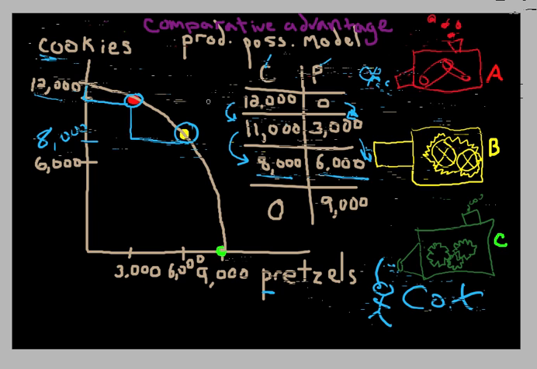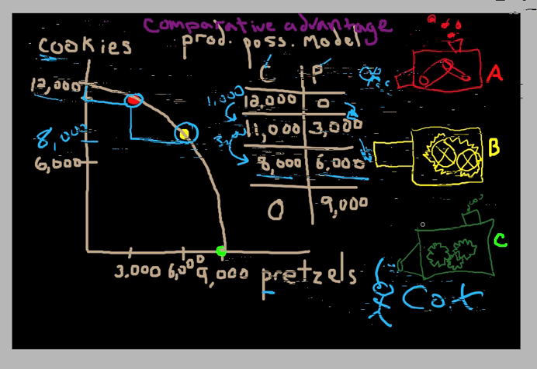That's the same thing going on. You lose 1,000 cookies. How about machine B? Well, machine B, you would lose 3,000 cookies. Now, the increase in the opportunity costs is you're losing more cookies when you turn machine B on to make pretzels than A. A has a comparative advantage over machine B.